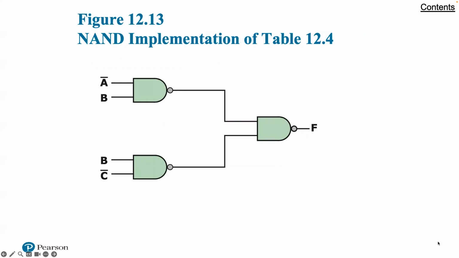Okay, moving on. Another consideration in the implementation of a Boolean function concerns the type of gates used. It is sometimes desirable to implement a Boolean function solely with NAND gates or solely with NOR gates. We've mentioned this a little bit previously.